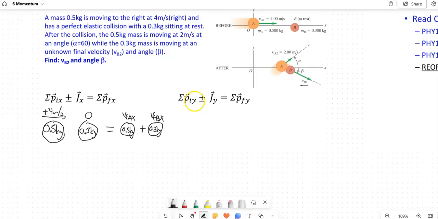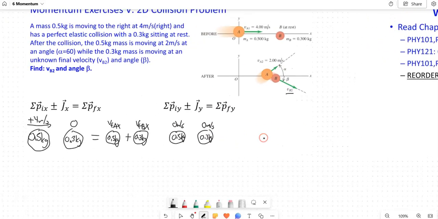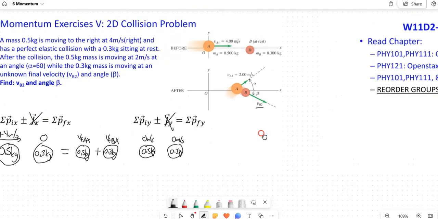Now, in the Y direction, neither ball has a momentum. Initially, both balls are at 0 meters per second in the Y direction, and the 0.3 kilogram ball is absolutely not moving. Again, I forgot to mention there is no impulse on these balls since it's an elastic collision.